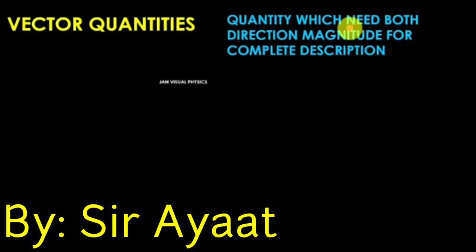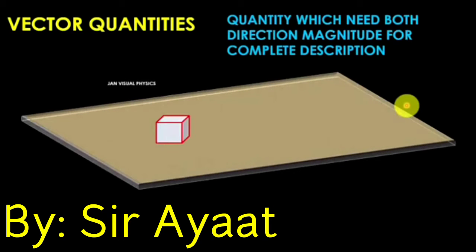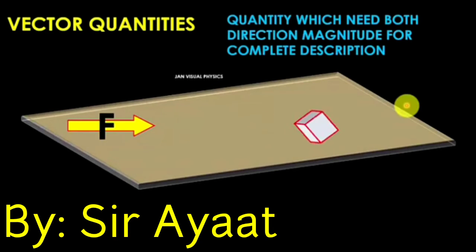Vector quantities are those quantities for the specification of which we need both direction and magnitude. And simply, one cannot explain vector quantities without magnitude. There are a lot of vector quantities. For example, force.